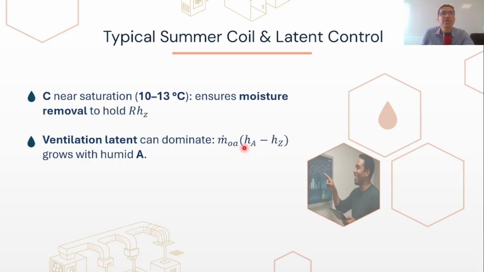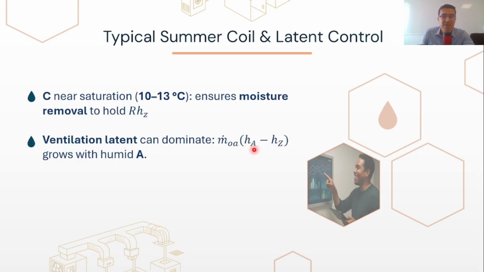So we have that the term here is the mass flow of the outdoor air and the difference of enthalpy between the ventilation air and the zone air. This can be significant because the enthalpy of the ventilation air, this one here, includes both temperature and moisture effects.